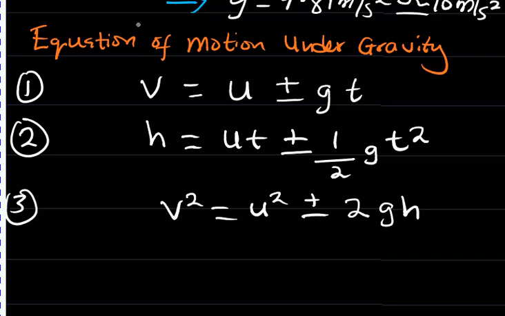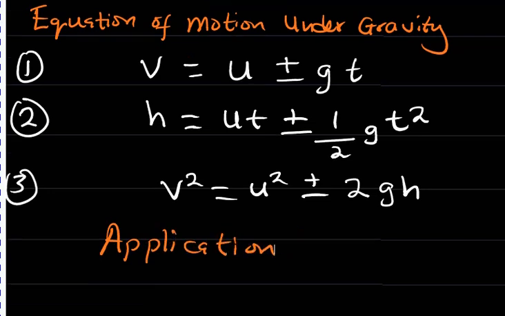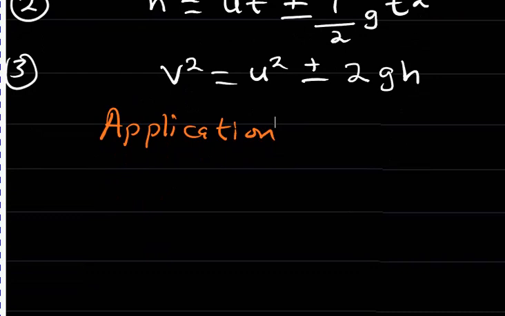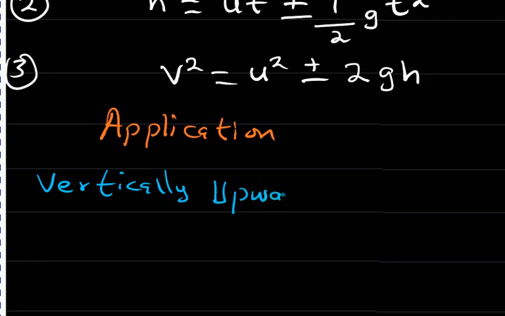So the question is, how do we apply this? Take note of this. Under applications, we're going to consider if the motion of the object is going vertically upward, that is, upward projection.